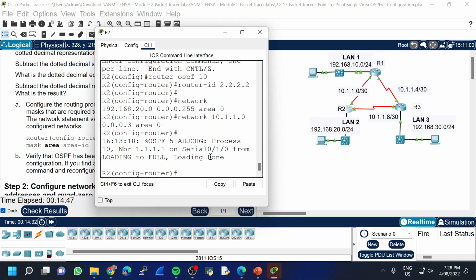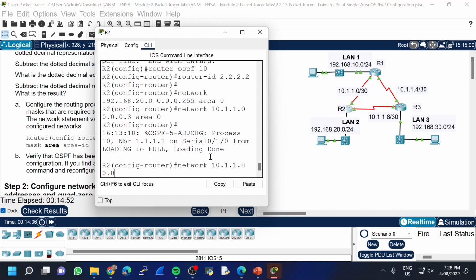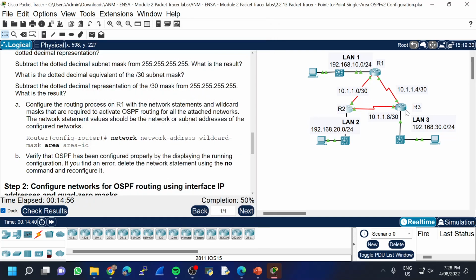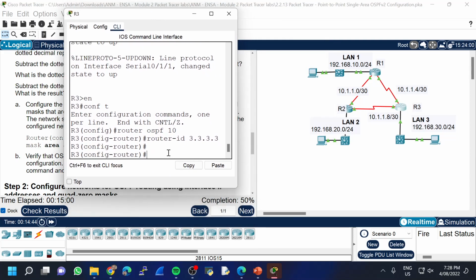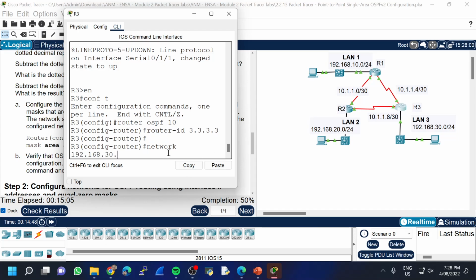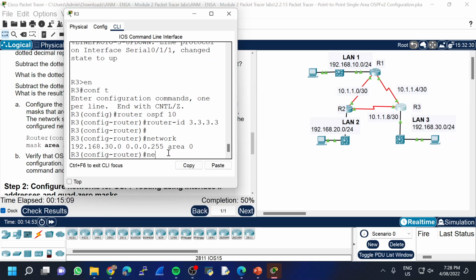The 8. So network 10.1.1.8, router 3. Let's go. 192.168.30.0 0.0.0.255, area 0.